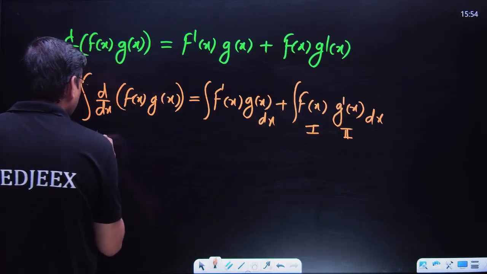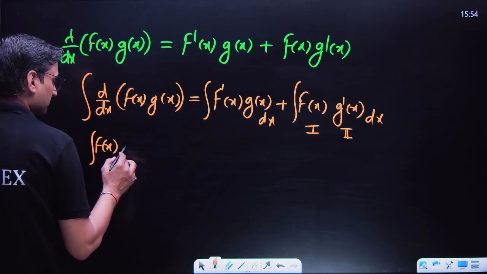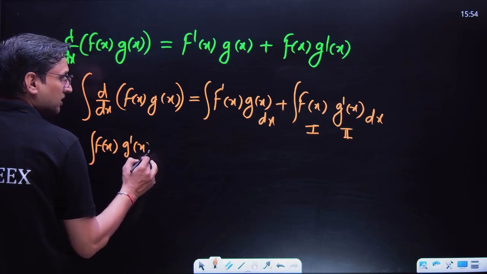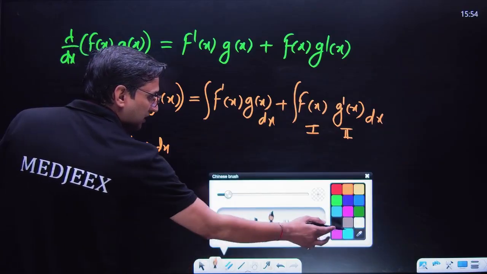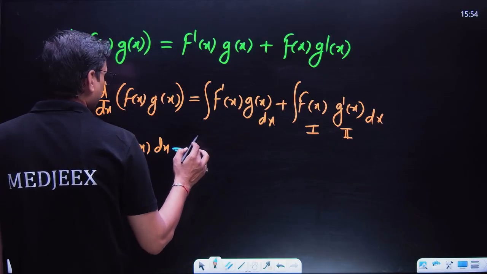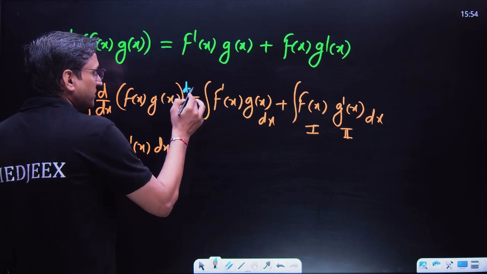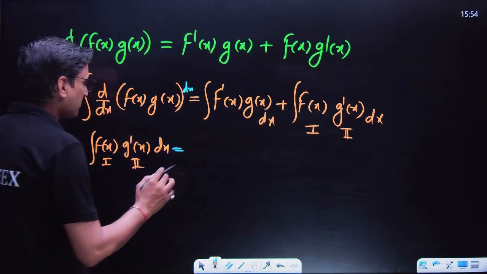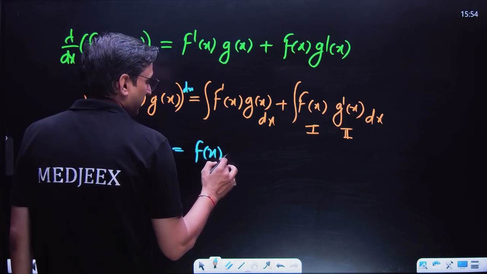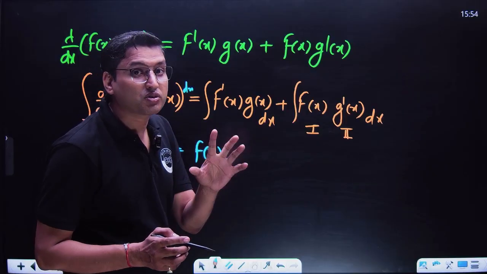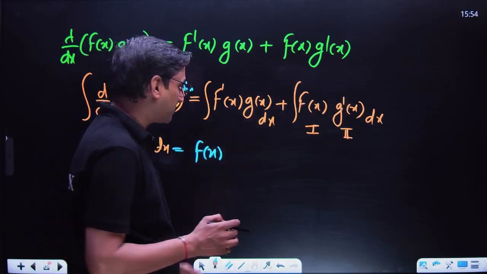Then this can be written as f(x)g'(x) dx, taken as first and second, and the differential element will be cancelled, and the final result will be written like this: f(x)g(x), where g(x) is the integral of the integrand g'(x), correct?